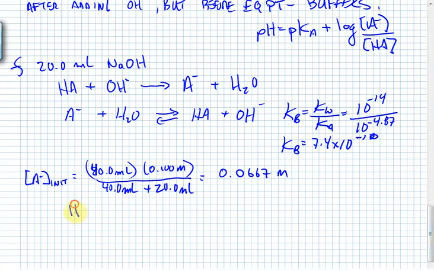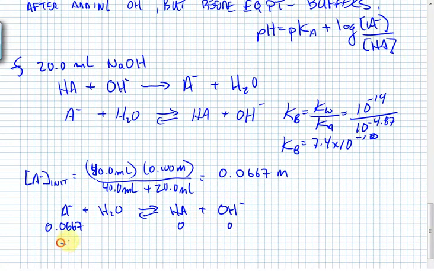So now if I set up my ice table, A minus reacts with water to go to HA plus hydroxide. My initial concentration, 0, 0, minus X, plus X, plus X at equilibrium.